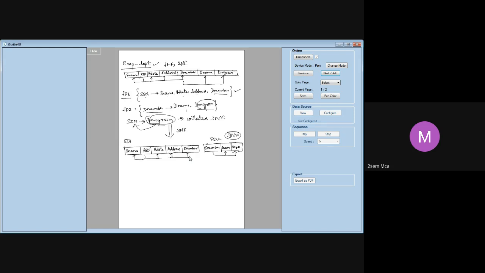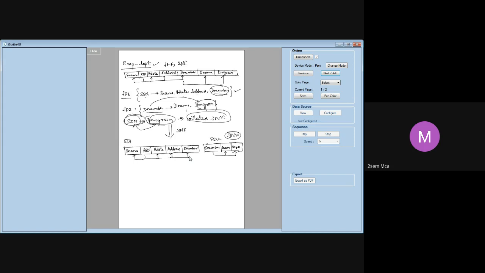When we took our EMP department table, we had two functional dependencies here. SSN determines all this including D number. FD2 is: D number determines DMGR SSN. So I can always say SSN determines DMGR SSN through D number. Now this DMGR SSN is a non-prime attribute which is transitively dependent on the primary key of R. Hence, it is going to violate the third NF.